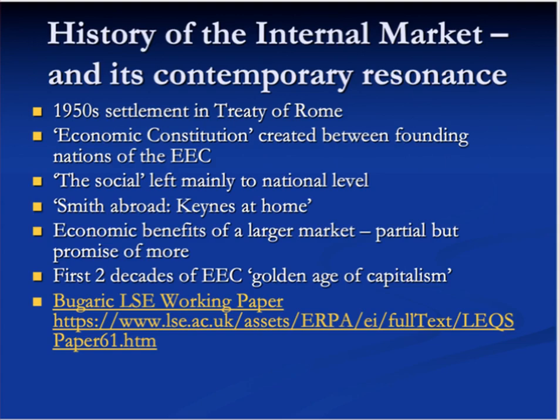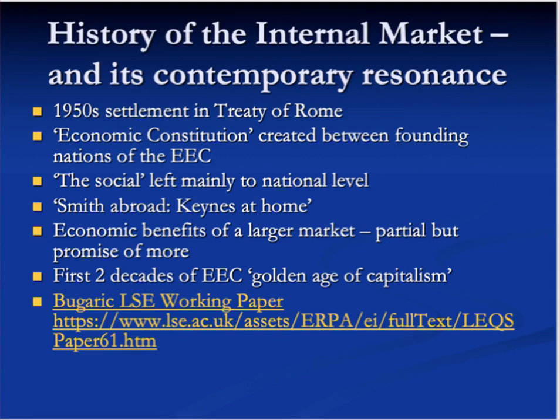So what happened when the original treaties were negotiated, the original settlement in the 1950s, represents a kind of compromise, which is to decouple, to disentangle, to detach economic integration from issues to do with social or welfare protection.